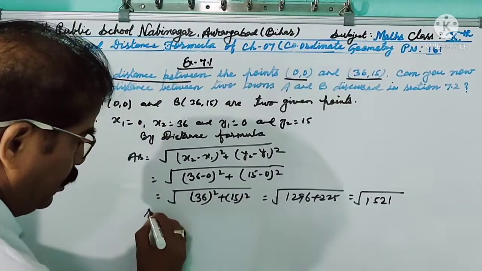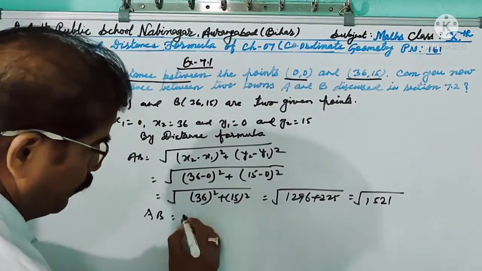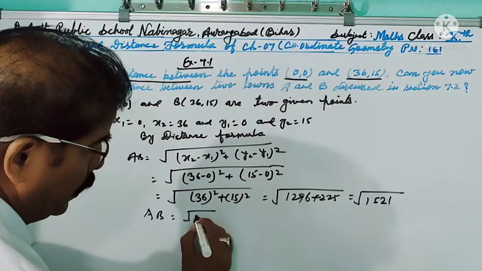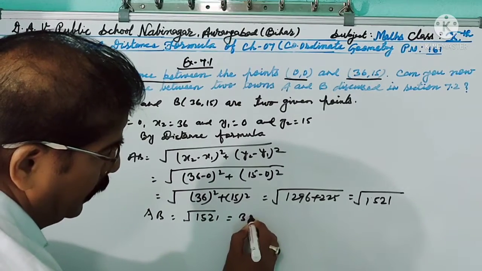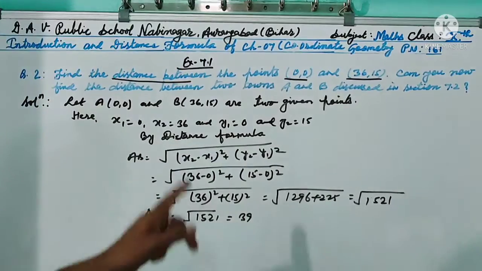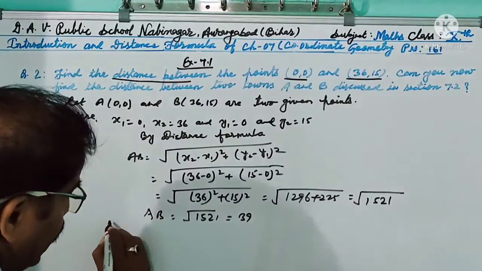So AB equals the square root of 1521, that is 39.